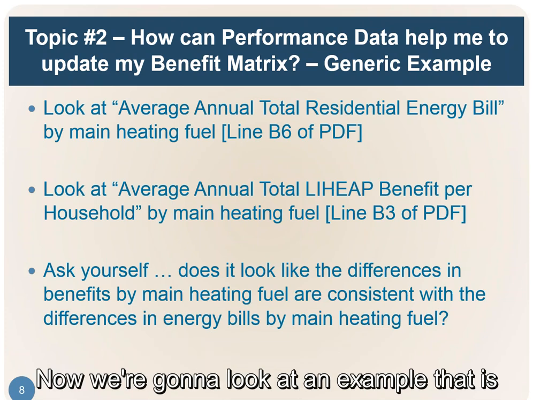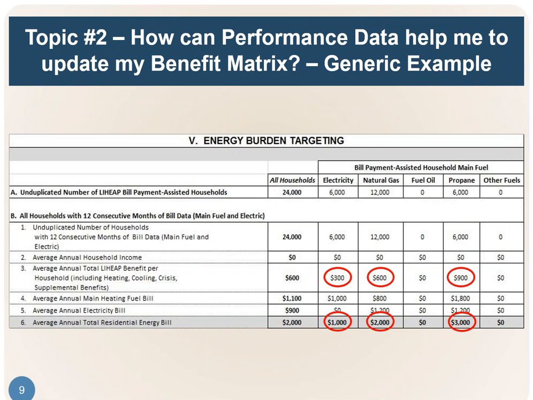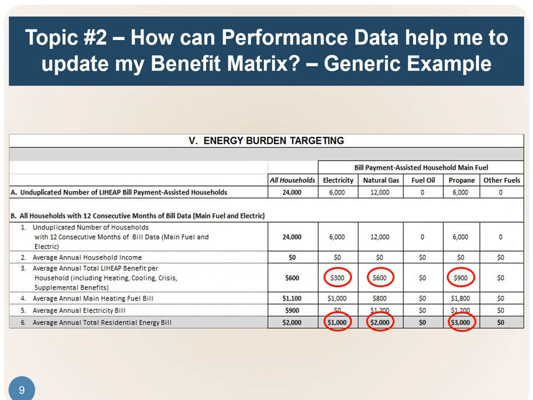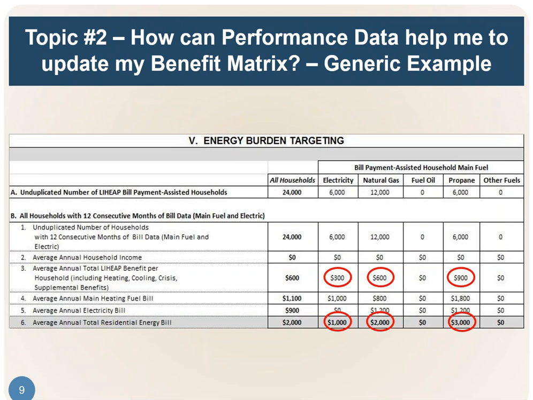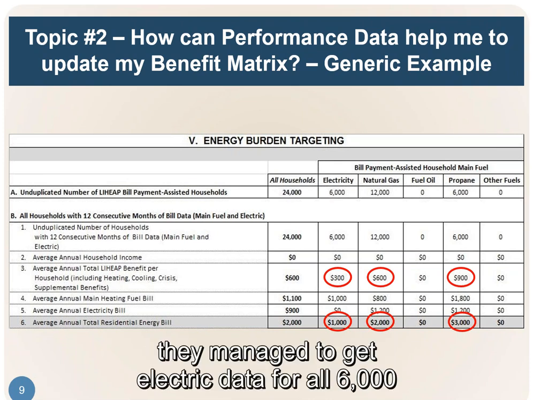Now we're going to look at an example that is completely made up. Next slide. In this case, we have a nice, easy set of numbers to look at. What we see is that for this mythical grantee, there are 6,000 households. They managed to get electric data for all 6,000 of them.